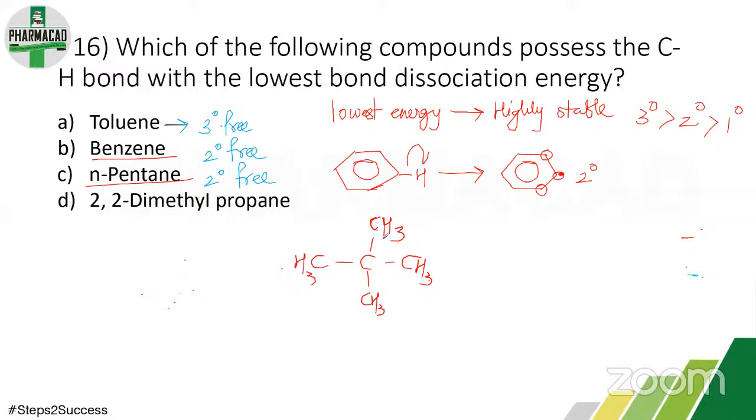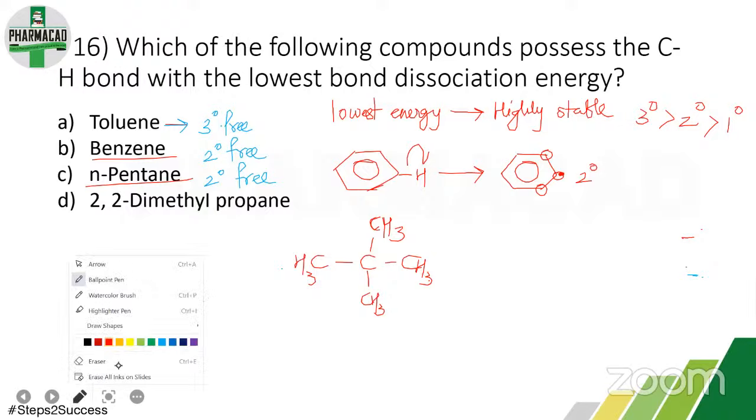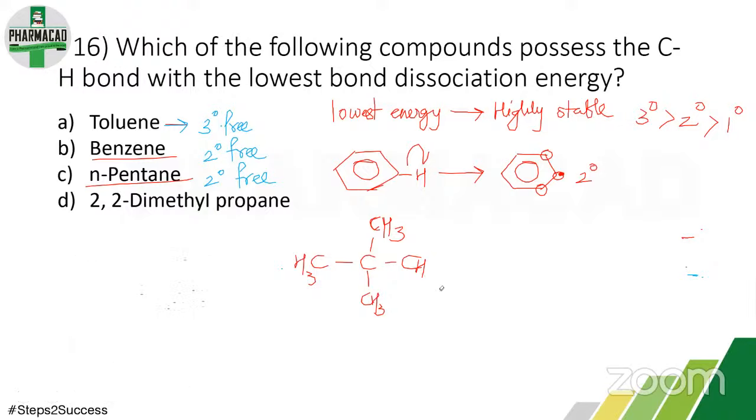I'll write this CH3 in this one, carbon with one hydrogen, another, and another. Now in this case, we will homolyze hydrogen from this carbon only, because in this case there is no hydrogen to get the tertiary carbon free radical.